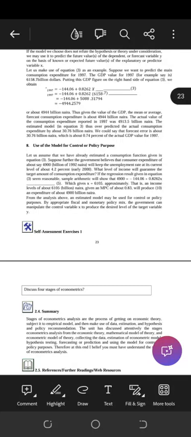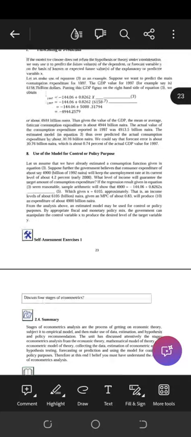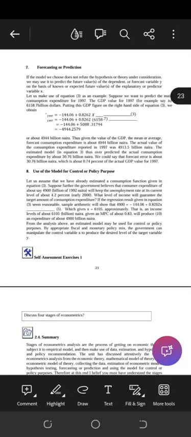So you are now seeing the applied part of econometrics. This goes beyond statistics because you are applying it to real life. You've estimated your consumption function and then you are using it to make forecasts or for policy control.